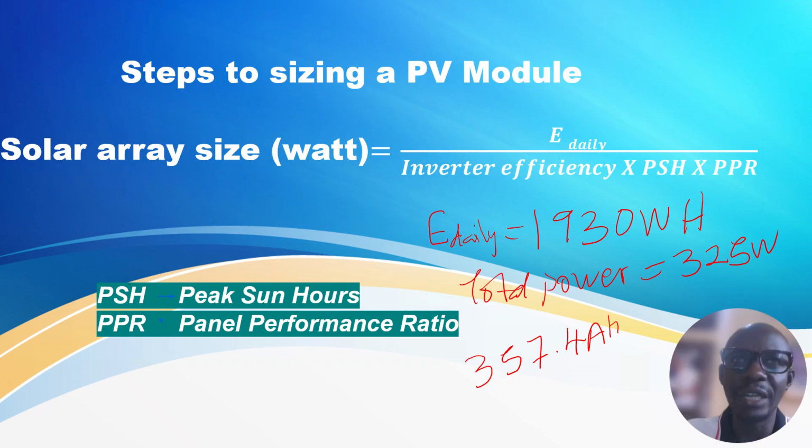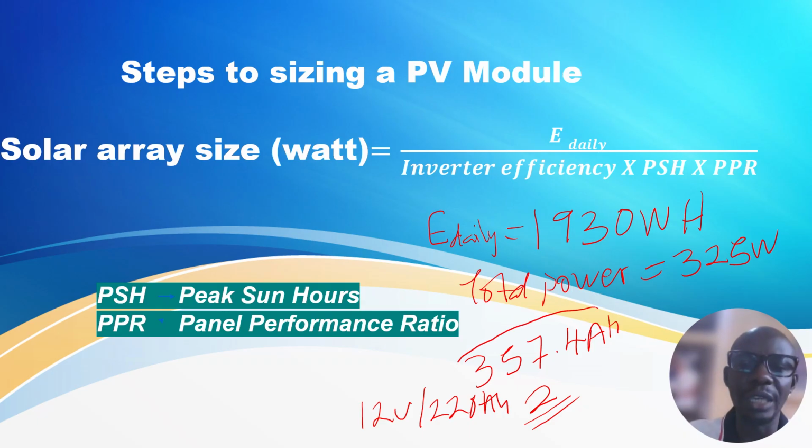And we discovered that after we considered the number of batteries we need in series and the number of batteries we need in parallel, we will need a total number of 2 batteries, that is 12 volts, 220 Ah being the battery we selected, but the two will be connected in parallel. So let's take note of this data: 1, 2, and then 3, because we'll make use of them.